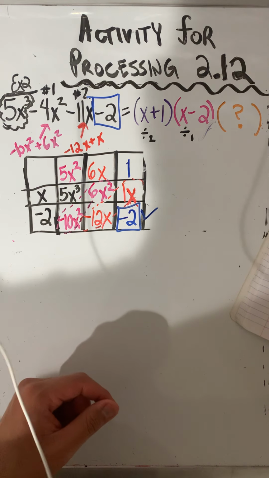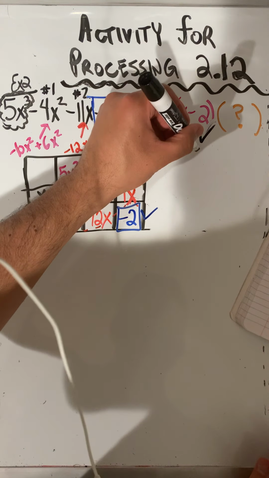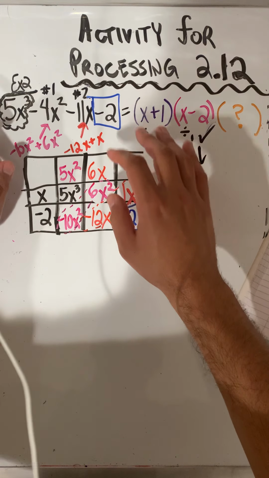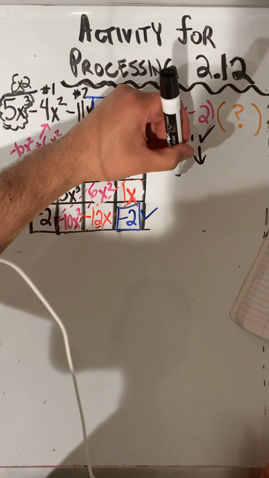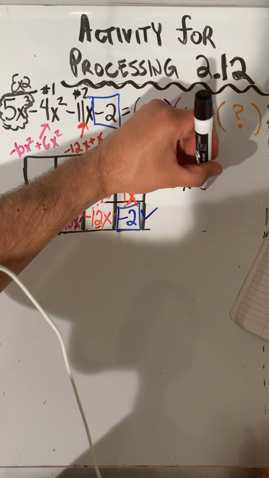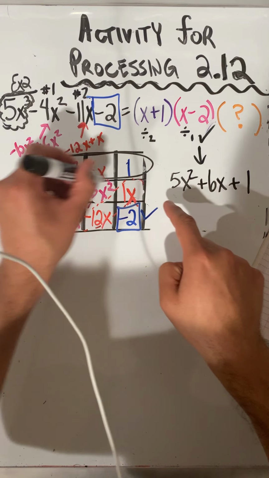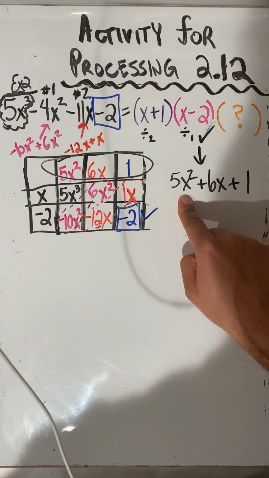I'm going to draw an arrow here to tell myself that after I divided the polynomial 5x cubed by the linear factor x minus 2, this is my new polynomial that I'm going to divide over plus 1. So this is this right here.